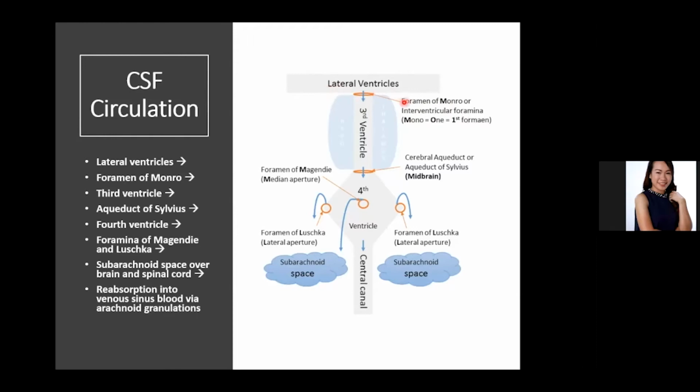Late for a month. Do you get what I'm saying, class? Lateral, right? Late for a month. So that's the first flow. If you remember that mnemonic, you will know that it starts at the lateral ventricles, going through the foramen of Monro, and then this fluid will then pass through the third ventricle.